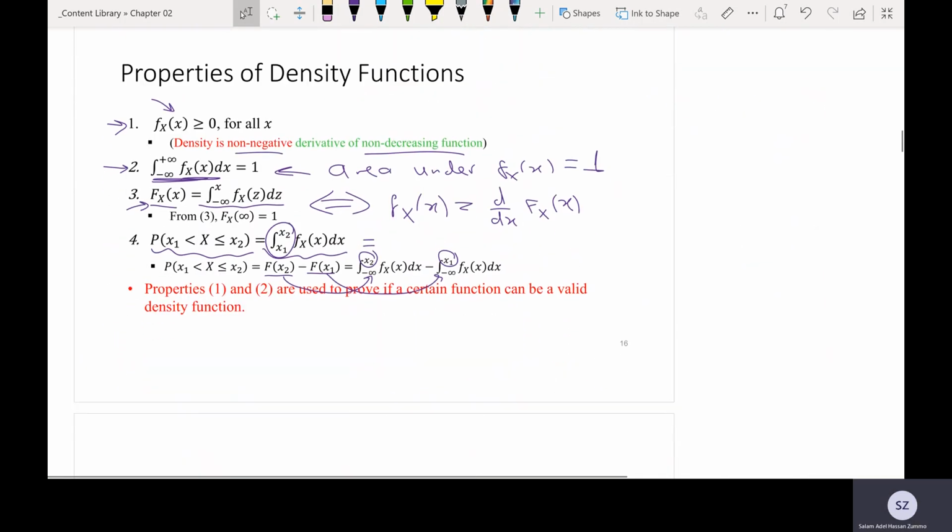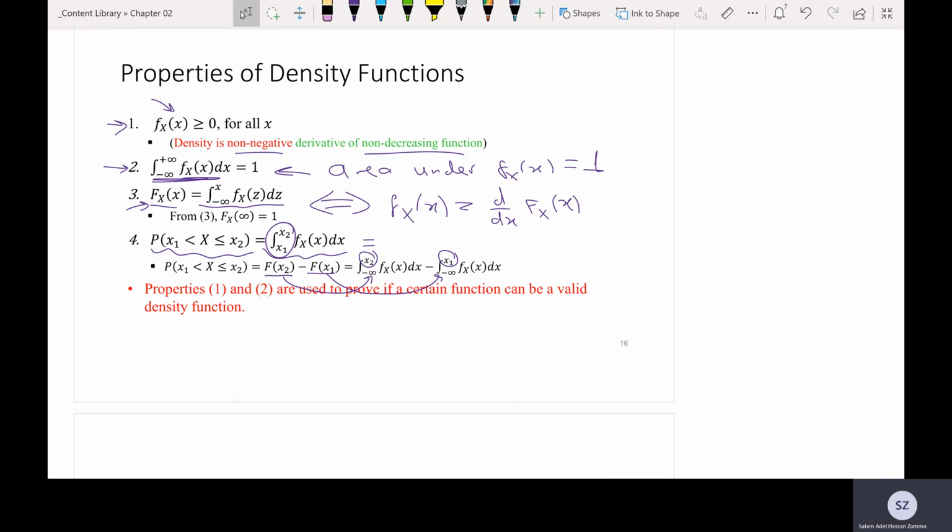Then we talked about the properties, and we said that in order to figure out whether any function is a valid PDF or not, it has to be positive. It has to integrate, the total area has to be equal to the total probability of 1, because this is a density function. Since the PDF is the derivative of the CDF, then the CDF is the integral of the PDF.